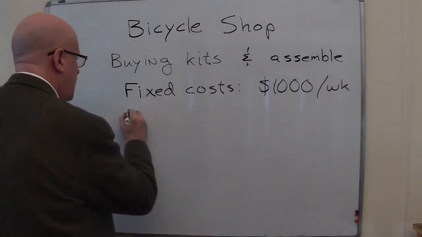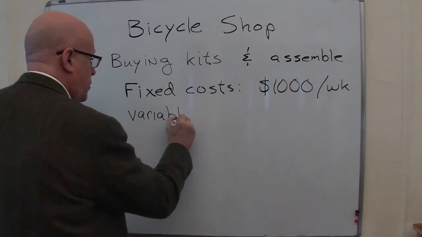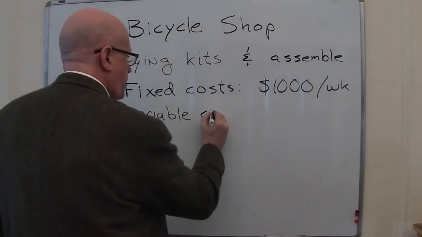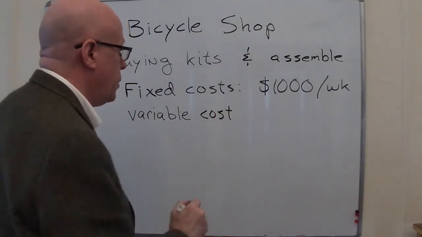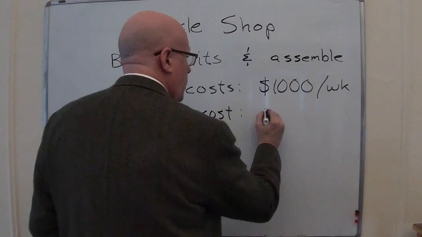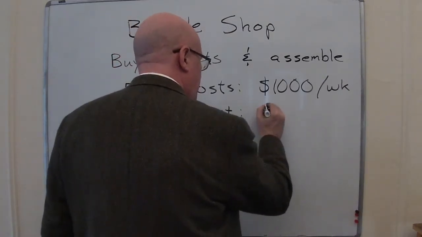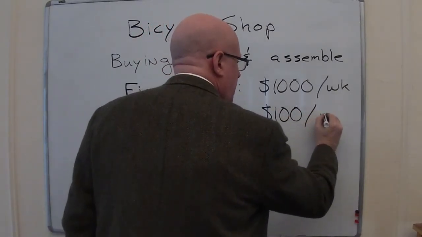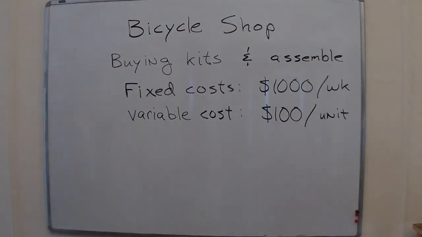The variable cost is the price for the kits, and that is the cost that depends on how many bikes you're assembling. I'm just going to make it nice and easy, so we'll have a round number here. Let's say it's $100 per kit, $100 per unit.